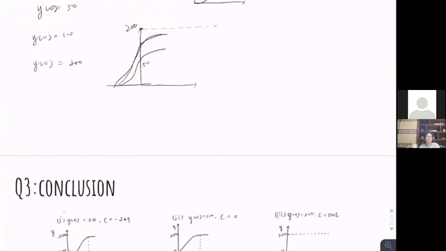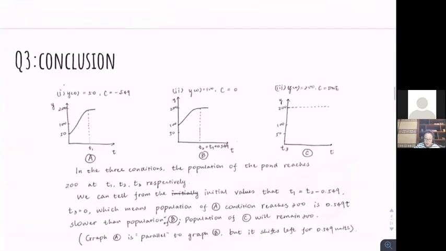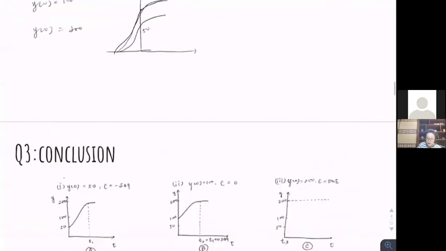So here's the conclusion. In short, the 3 graphs look like this. In the 3 conditions, the populations of the pond reach 200 at times T1, T2, and T3 respectively. We can tell from the initial values that T1 is T2 minus 0.549. It is from here, what we just defined.